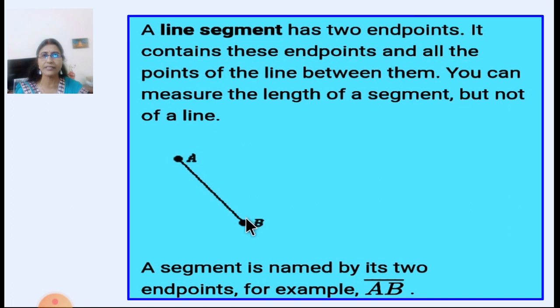So you can measure the length of a line segment, but a line cannot be measured because it can be extended to infinity. A segment is named by its 2 endpoints. For example, AB is a segment, and here you have to draw a line like this. So this is showing that this is a segment AB.